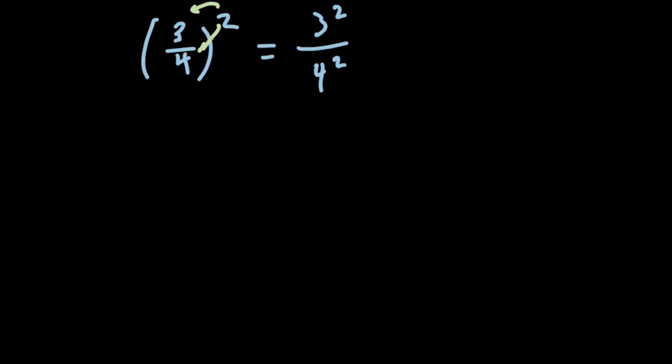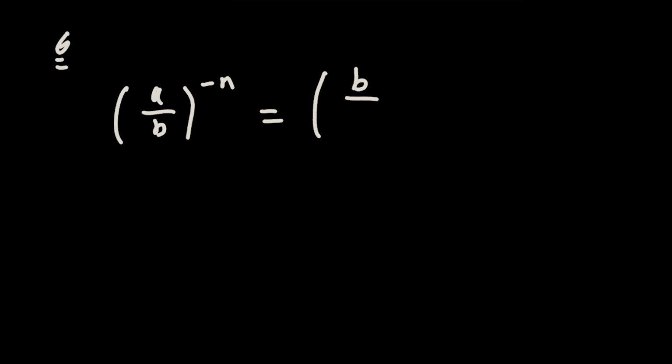Let's see the next property. Property number 6 says if we have a over p all to the power minus n, the result will be p over a all to the power n. Let's see an example.